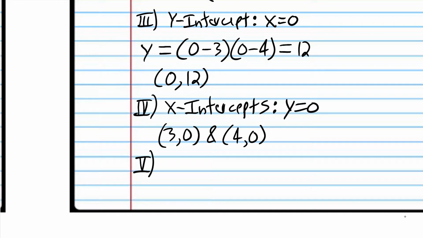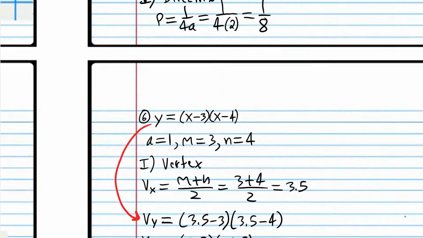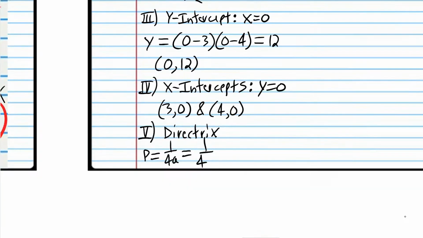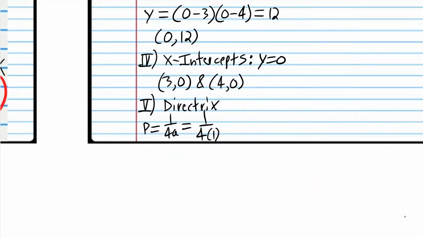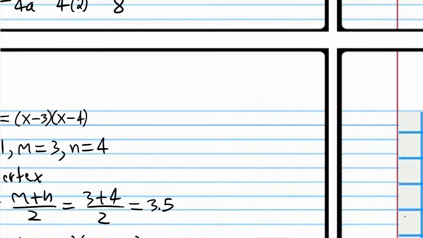So now we're going to find the directrix, or the equation of the directrix, that is. And first of all, we have to find p in order to do that. So p is equal to 1 over 4a, and a is equal to 1. You can see up there it's equal to 1. So we have 1/4 for p. So now the equation of the directrix is y is equal to the y value of the vertex minus p.